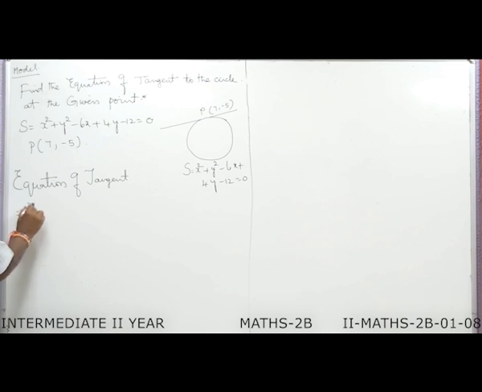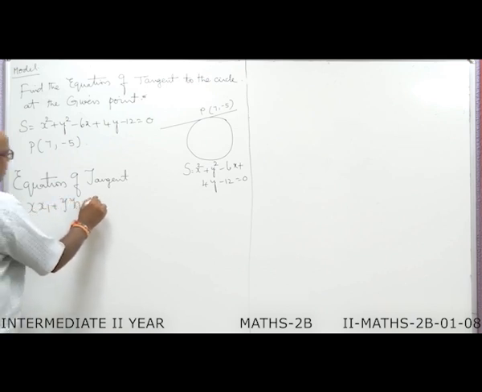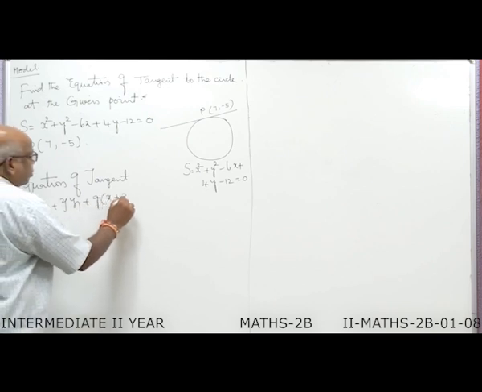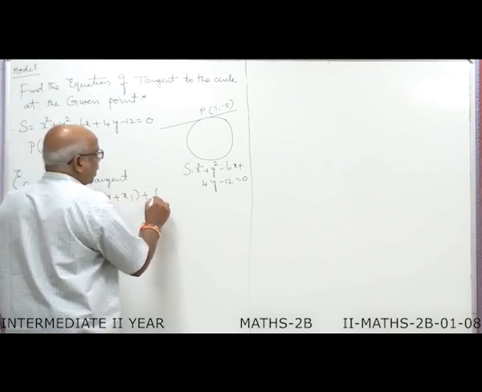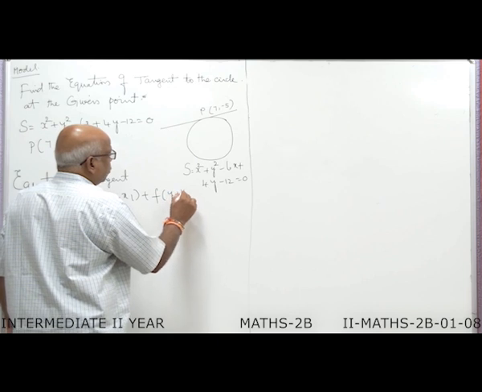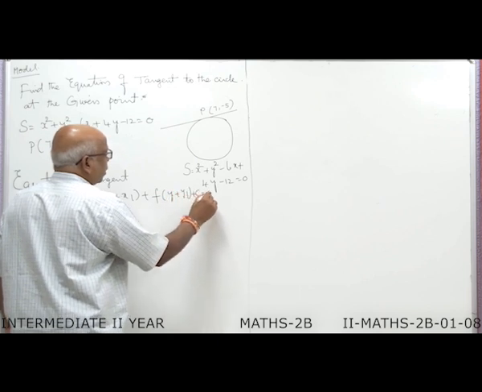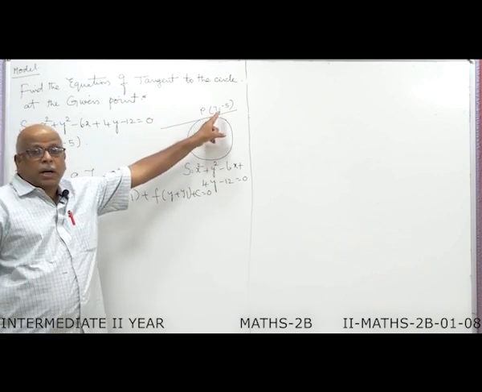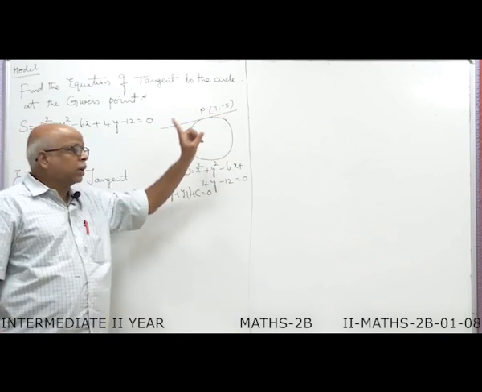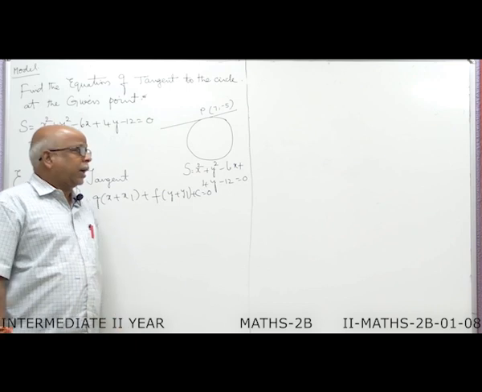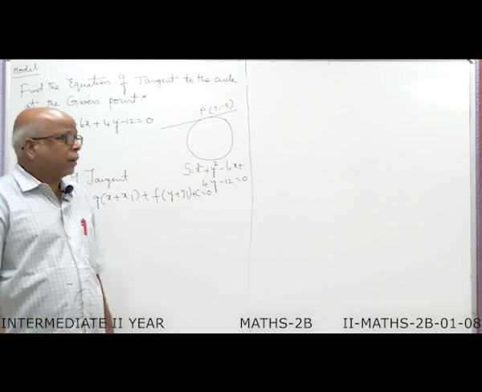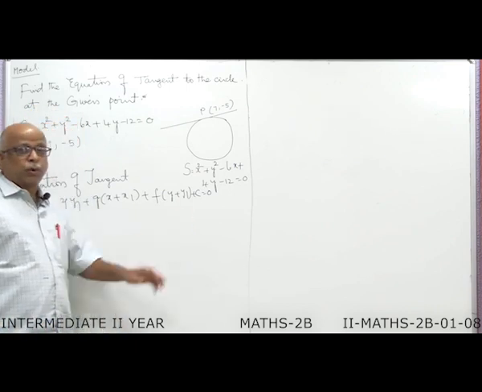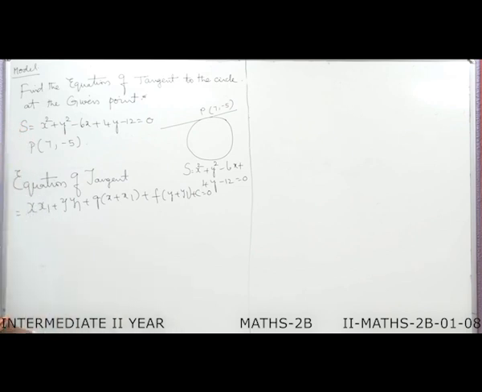What is the formula? xx1 plus yy1 plus g into x plus x1 plus f into y plus y1 plus c equal to 0. Here x1, y1 coordinates are 7, minus 5. Circle equation is x square plus y square minus 6x plus 4y minus 12 equal to 0. So let us apply that one.